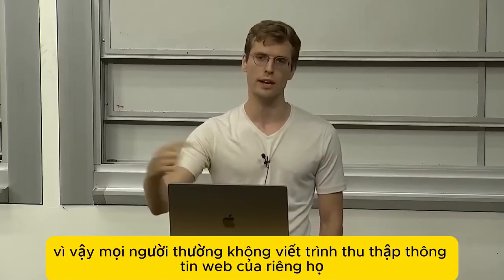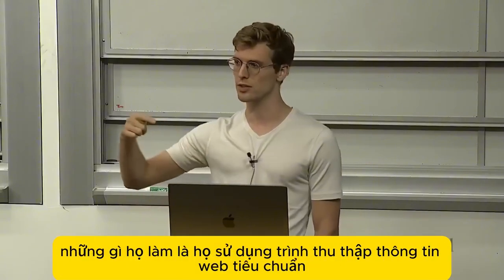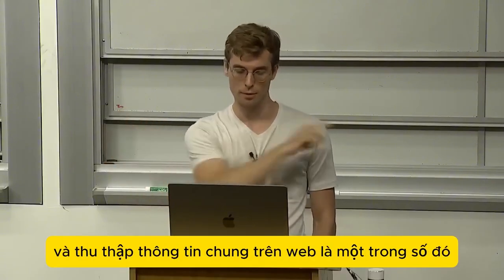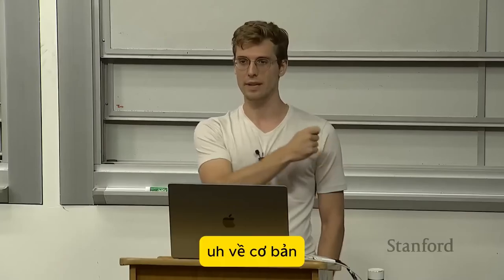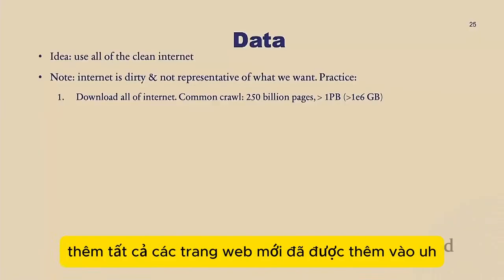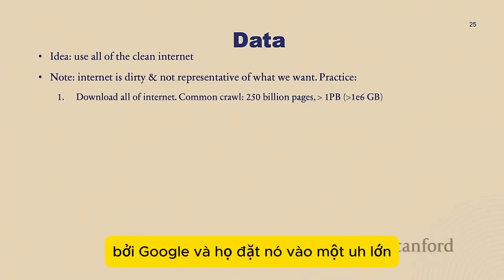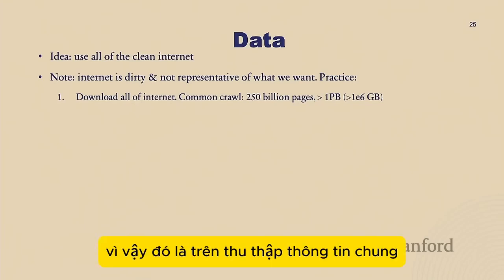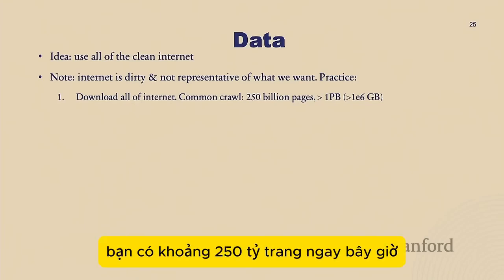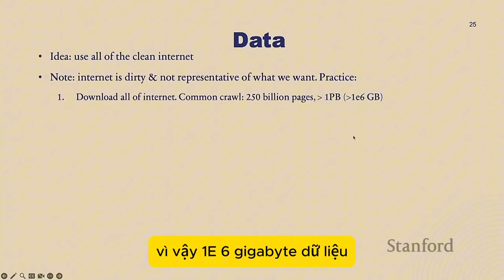People don't usually write their own web crawlers. They use standard ones, and Common Crawl is one of them that basically every month adds all the new websites that were found by Google, and puts them in a big dataset. So on Common Crawl you have around 250 billion pages right now, so 1e6 gigabytes of data.